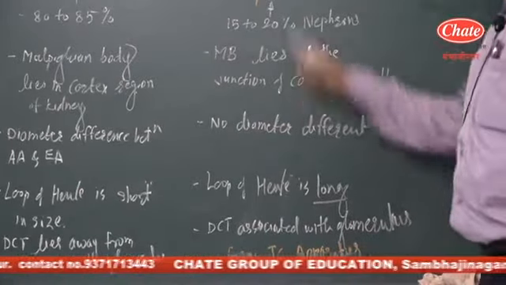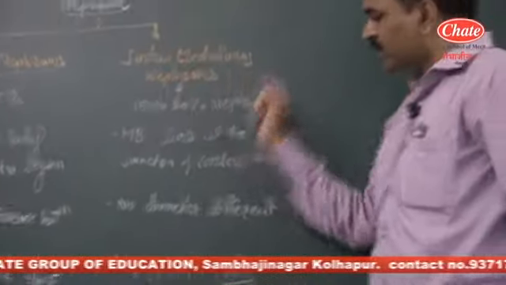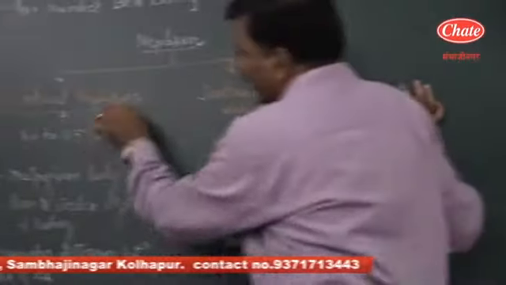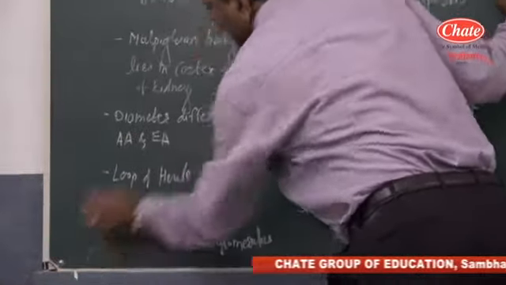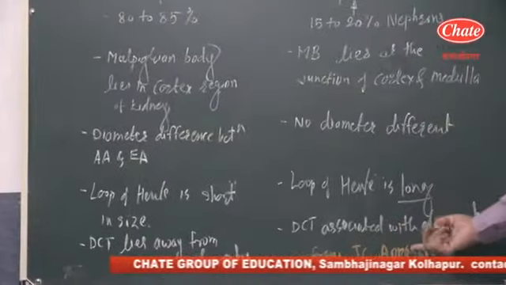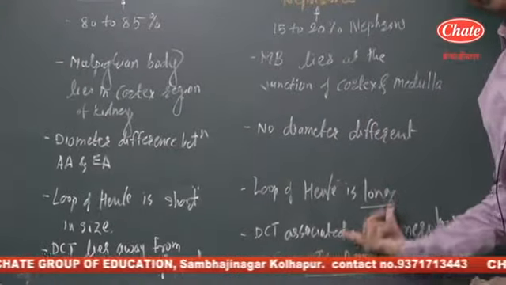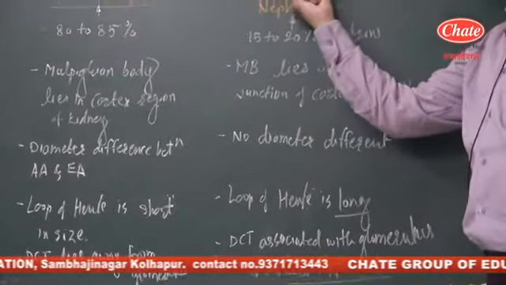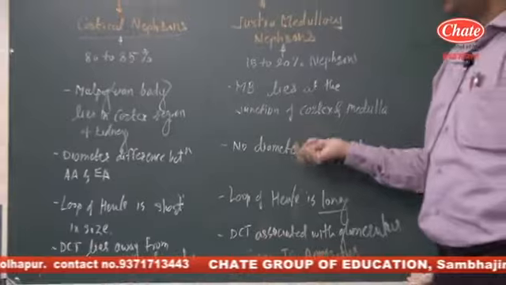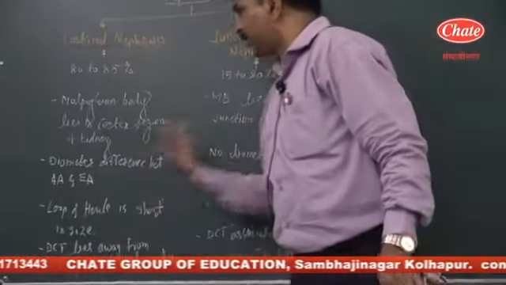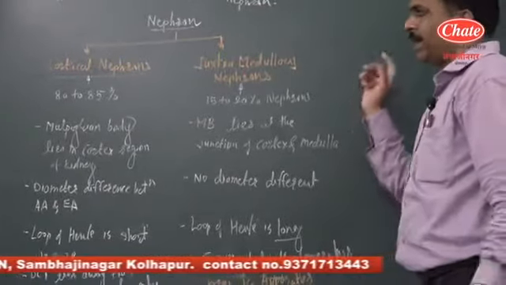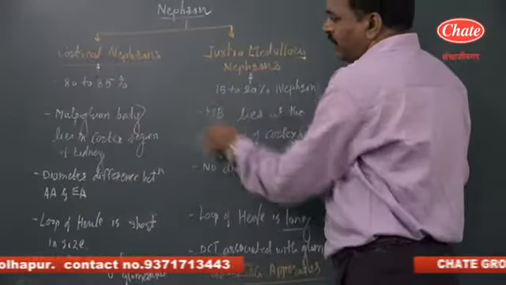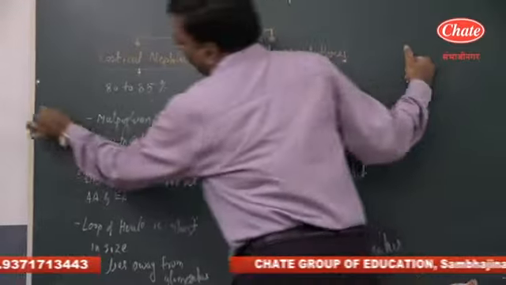So the JG apparatus is the peculiarity of the juxtamedullary nephron, while the cortical nephron does not have the JG apparatus. The juxtaglomerular apparatus is the peculiarity of the juxtamedullary nephron, while the cortical nephron does not consist of it.